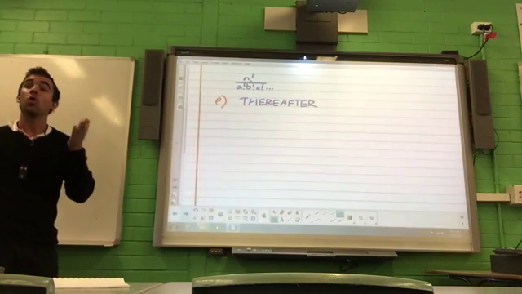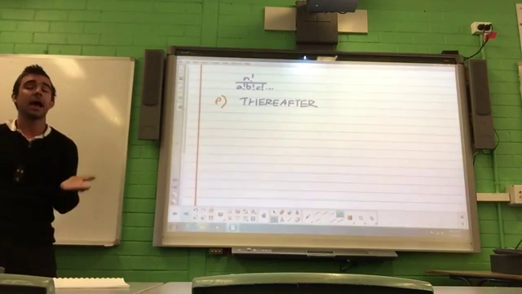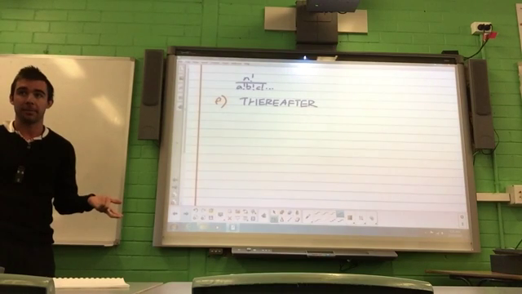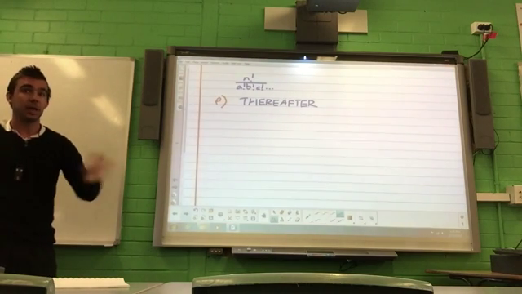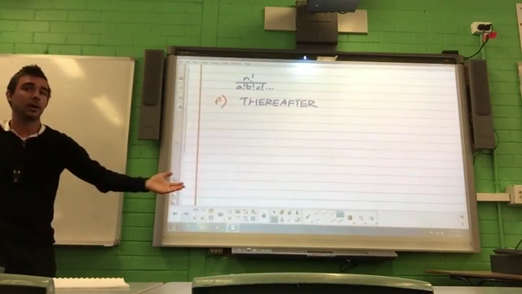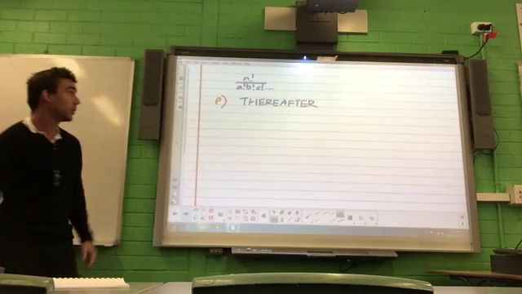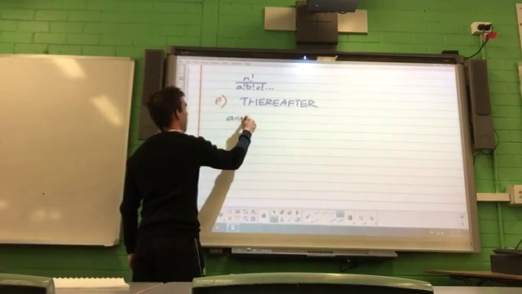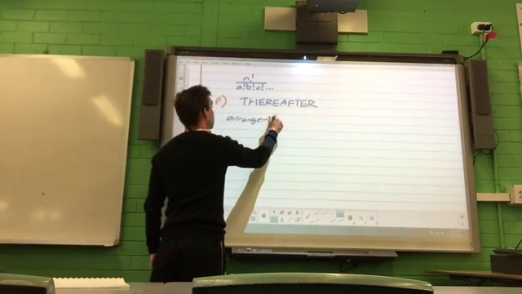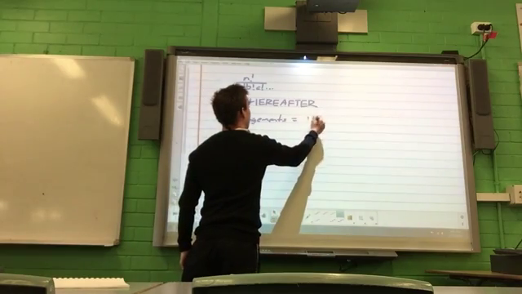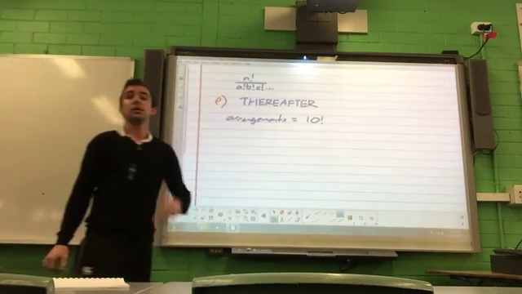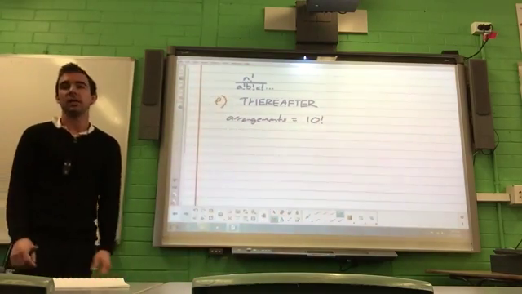Looking at them individually, how many different arrangements are there? It's exactly the same as having 10 people in 10 positions on a line: 10 factorial. Now let's look at the specifics of this.